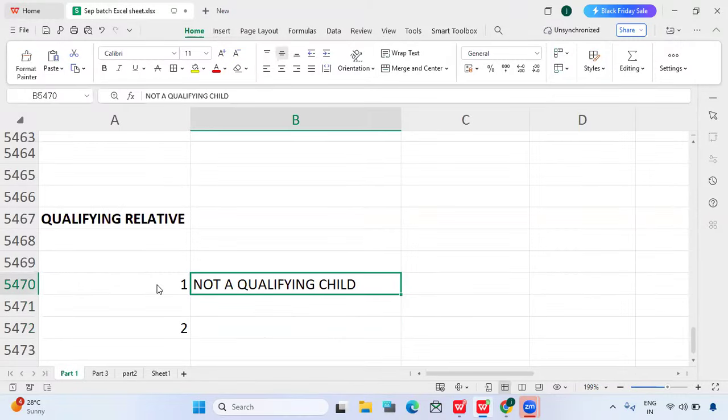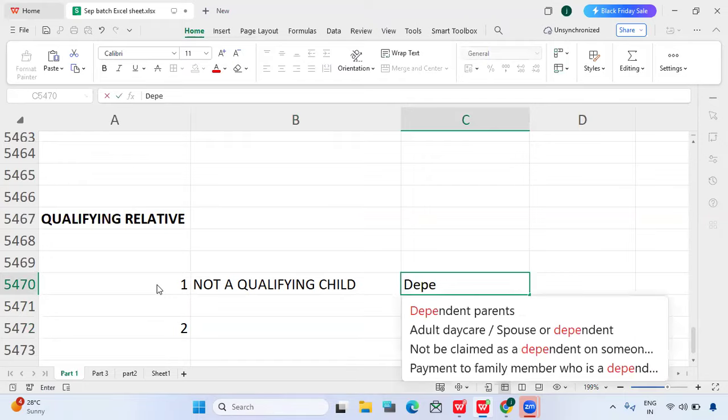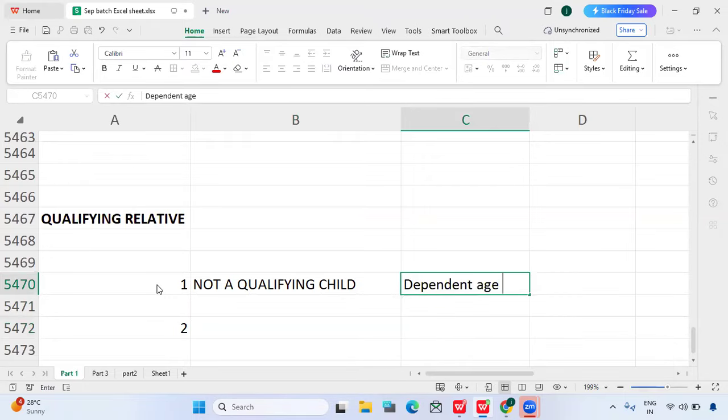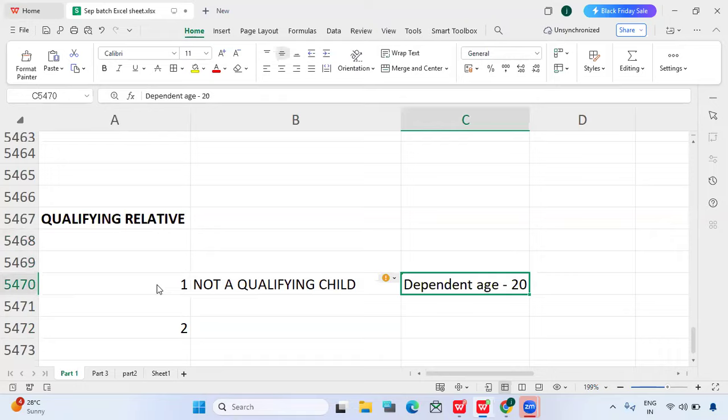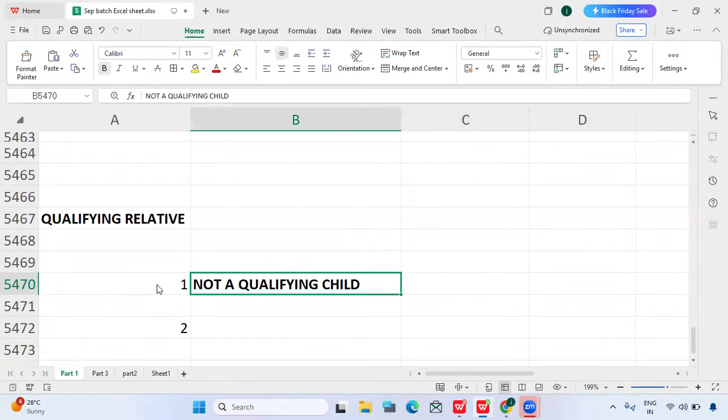Let's say the dependent is 20, so he's actually a child. Can we consider the person a qualifying child? No, because his age is more than 19, so he is no more a child. Now we can go with qualifying relative. So only children? No, any other person will also come under qualifying relatives. So we will see relatives. For now, the first important point: he should not be a qualifying child.